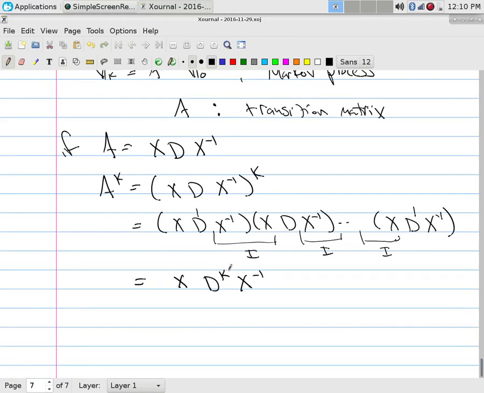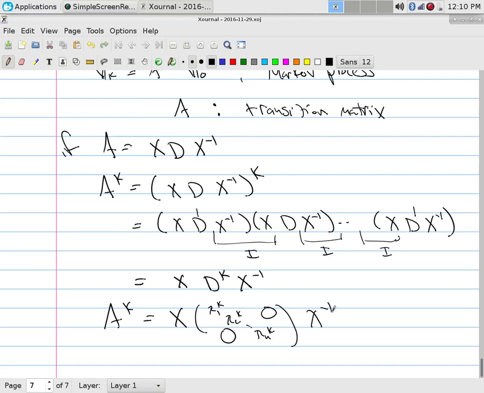And so this has become X D to the K X inverse. But D is a diagonal matrix, and diagonal matrices, when you raise them to powers, you just put that power right on the elements themselves. And so that means A to the K is simply X times lambda 1 to the K, lambda 2 to the K, lambda n to the K, everybody else is 0, and then X inverse. So what happened to the K?